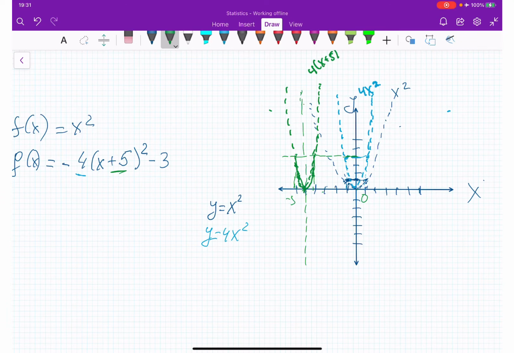Now I'm going to change y, which is going to be negative 3. So this negative 5, bringing down by negative 3 right here. And I'm going to do this one. So it's going to go the same way.